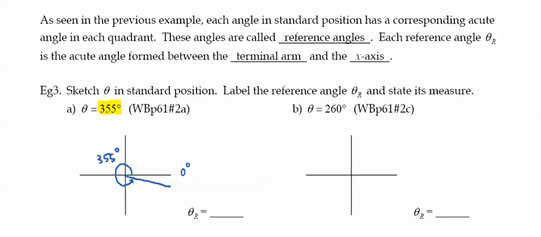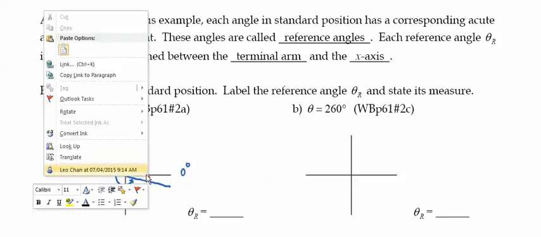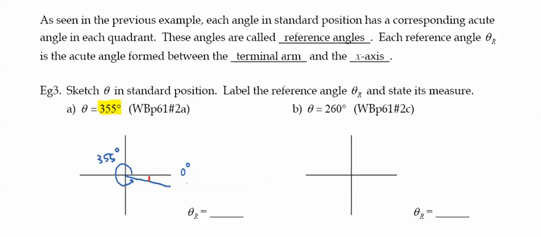You may want to describe this angle as a 5 degree angle in quadrant number 4. And usually we will have this angle indicated with R. Or some people actually will have reference angle.